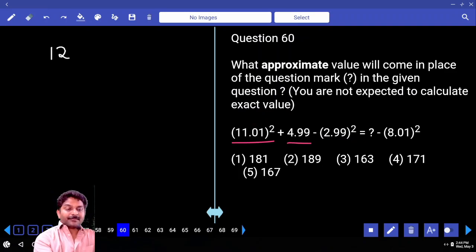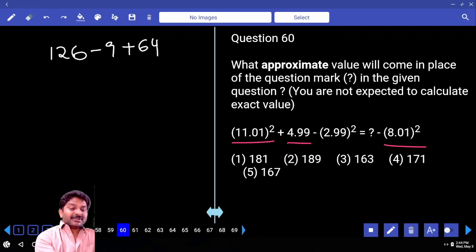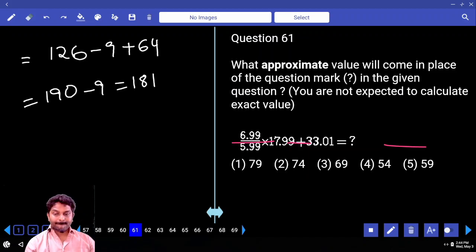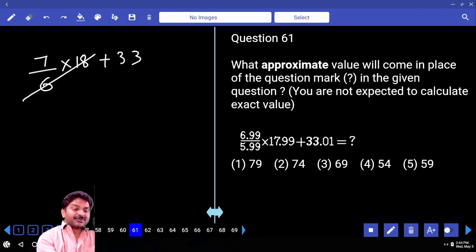121 plus 5 minus 3 square. Right hand side minus 8 square comes to the left hand side and becomes plus 8 square, which is 60. Sum of both the positive numbers 190 minus 9. Answer. Approximation by into plus 6, how many times?